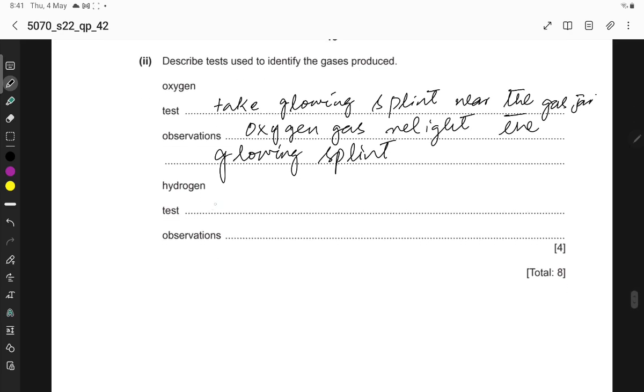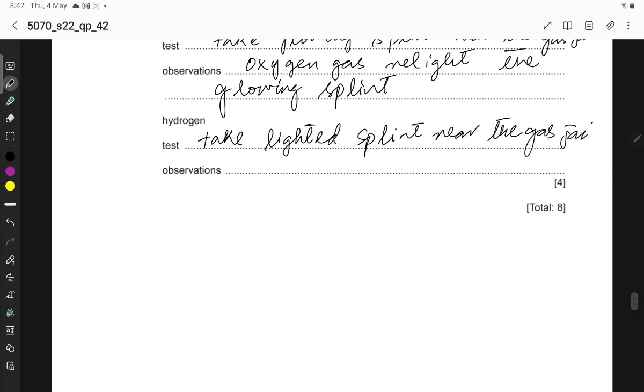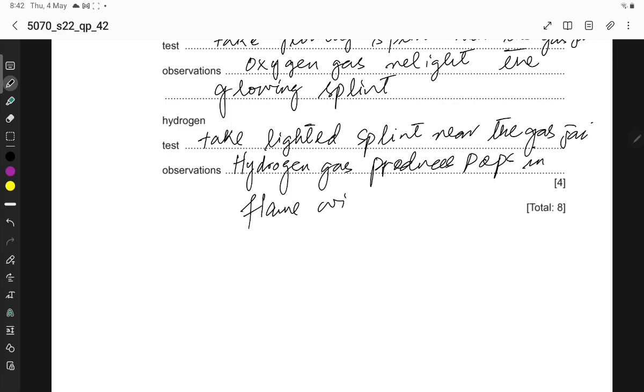Hydrogen gas: take a lighted splint near the gas jar. Hydrogen gas produces a pop in flame with a lighted splint.